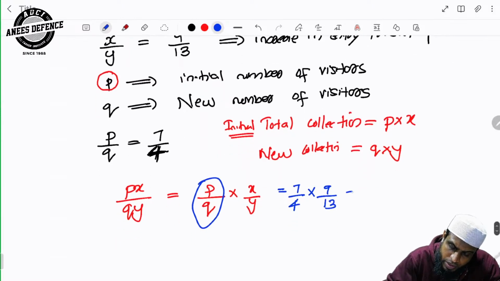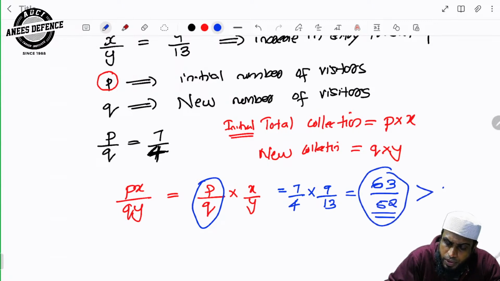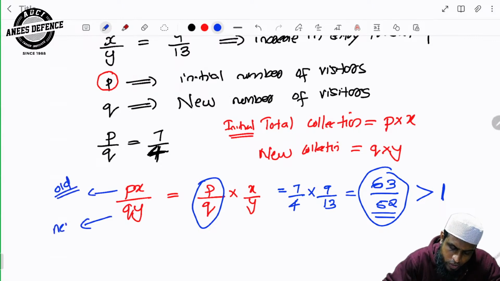So here you can write 63 divided by 52. So this value is greater than 1 because numerator is greater than the denominator. So here you can say that the collection is decreased because this is the old amount and this is the new amount.